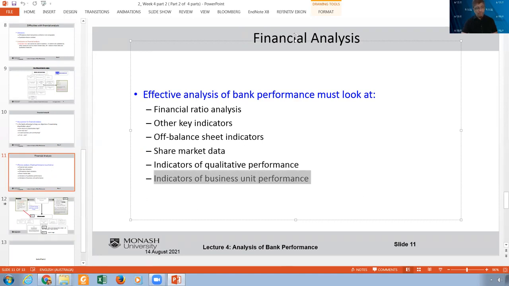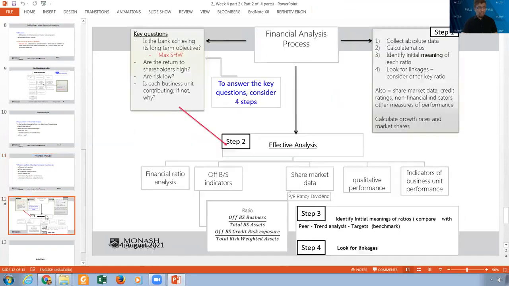So we have to look at how each business is contributing, how the qualitative side is doing, and how the share market data and balance sheet look, in addition to our financial ratios. This is a very interesting thing to see. The question is that we need to maximize shareholders' wealth, and we have to ask those questions.